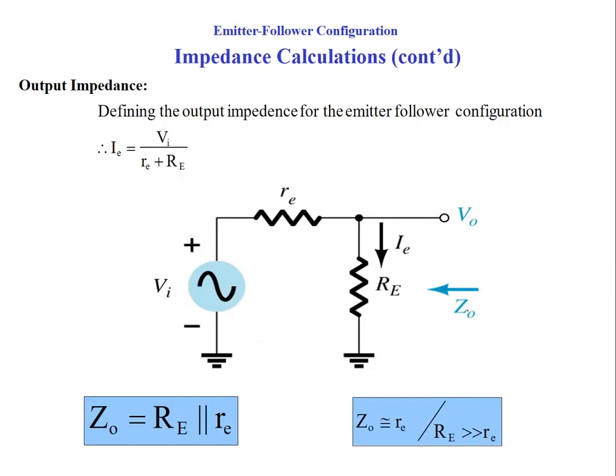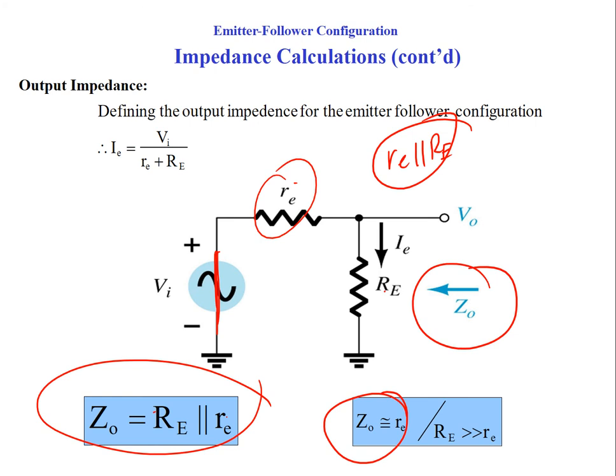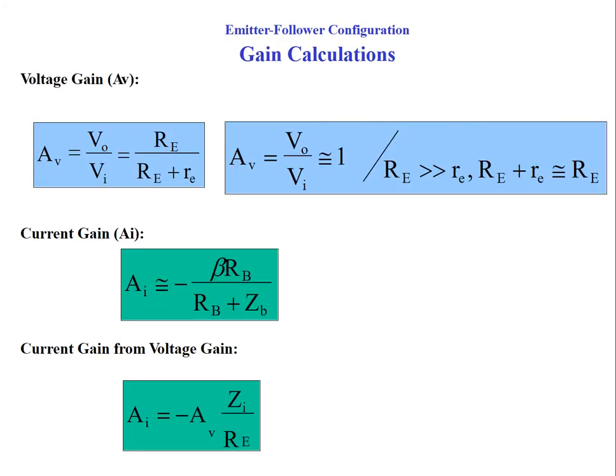Now if you want to calculate the output impedance from here, the voltage source will be short circuit. So the small RE and the capital RE are in parallel. That is the output impedance for the common collector case. But with the assumption that this value is very high, we can make it only this one. So that is the difference in the common collector case.